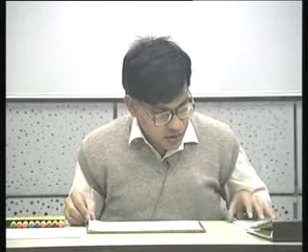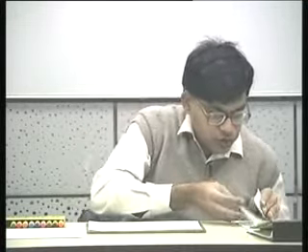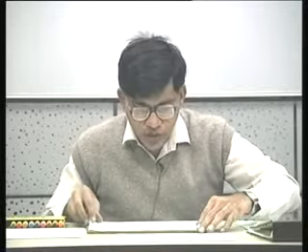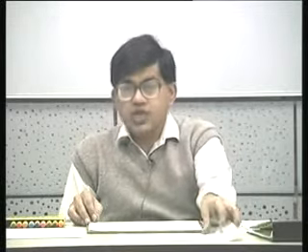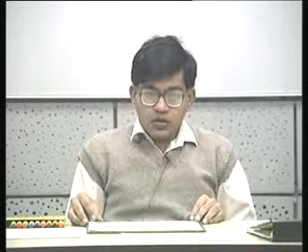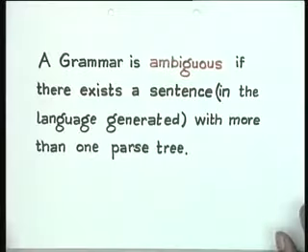Okay, so one of the things I said was, we also defined the notion of ambiguity. For example, we asked the question whether this given grammar was ambiguous. As I said, a grammar is ambiguous if there exists a sentence in the language generated with more than one parse tree.